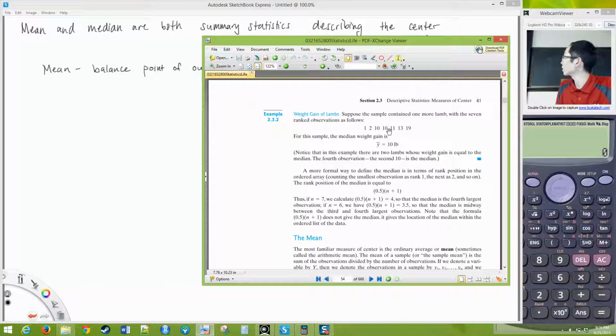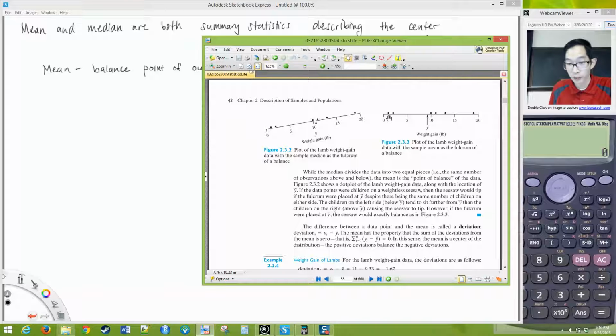Okay, so we're taking these data points and putting them on this number graph, right? And imagine this being like a seesaw. If I put the little balance point, the fulcrum, right here, this is where the seesaw would be balanced. Now if I moved the balancing point over here, if this were a seesaw, it would be tipping over this way, okay? And so the mean is the spot where the data points would be balanced.